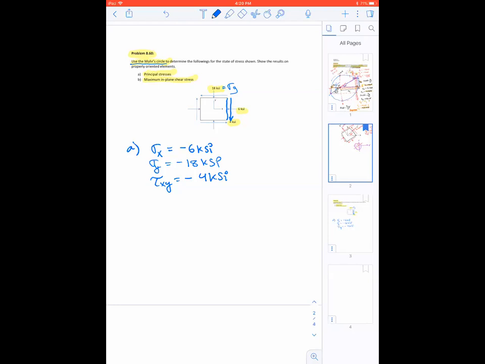So I'm going to try and make it as perfect as possible this time.